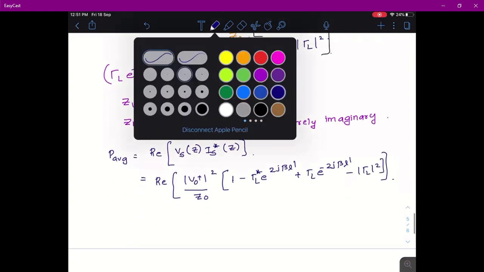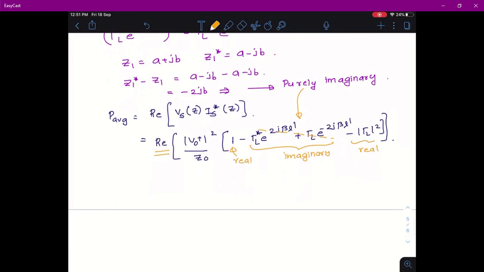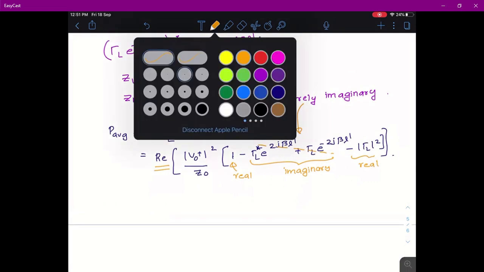Now, if you look at each term, this is real, this combination is imaginary, which we found from here, and this is also real because it is the square of magnitude, which is always real. So, when you take the real part, this imaginary term will disappear. So, sorry, there is a 1 by 2 also missing.